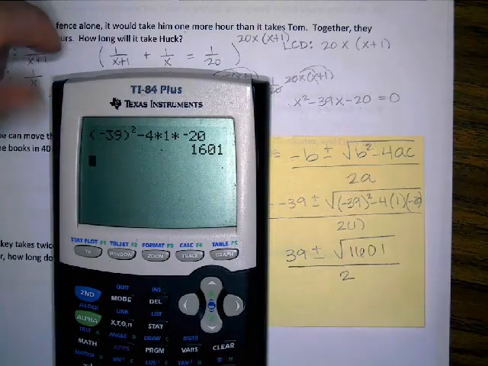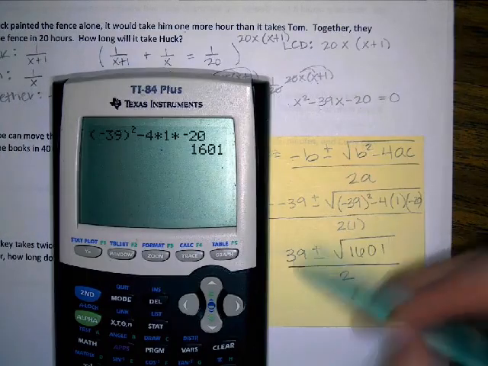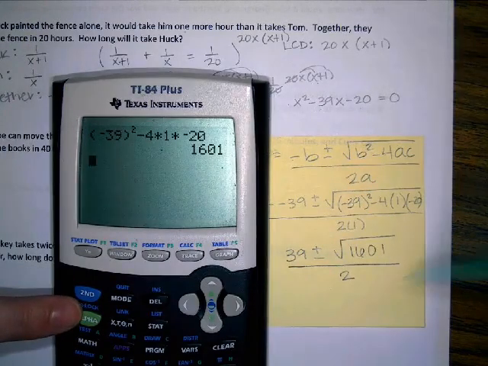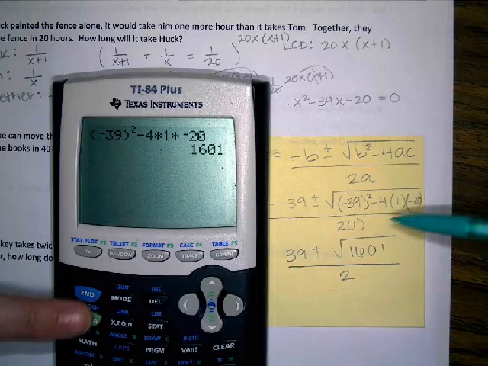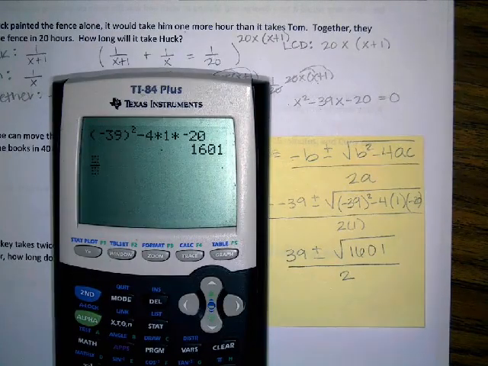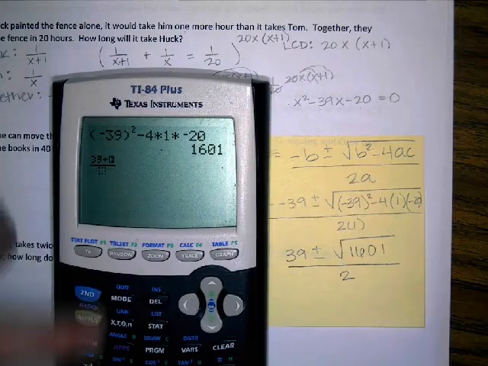I'm going to have two solutions, and it's either going to be in a situation where they both work in the problem or where one of them does not make sense. So to type this all in at once, I'm going to put a fraction on the screen. So I'm going to do alpha y equals to get the fraction up there. 39 plus square root 1601 over 2.